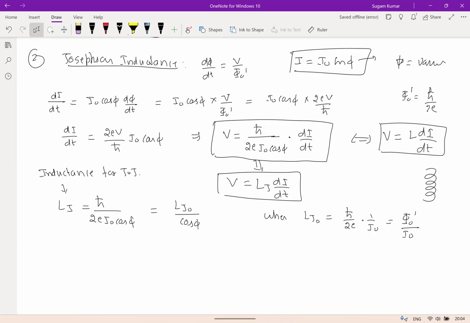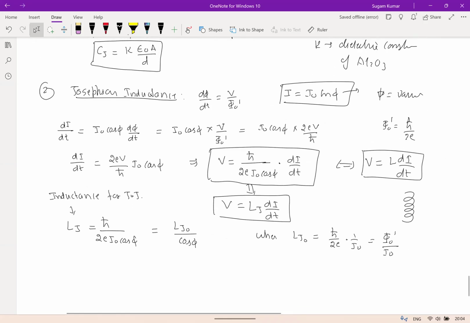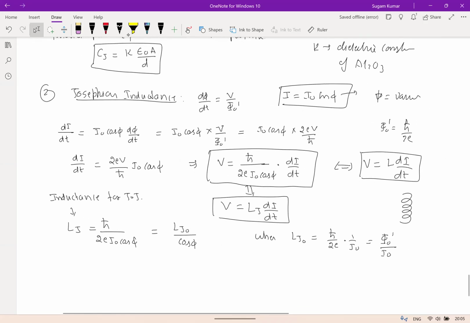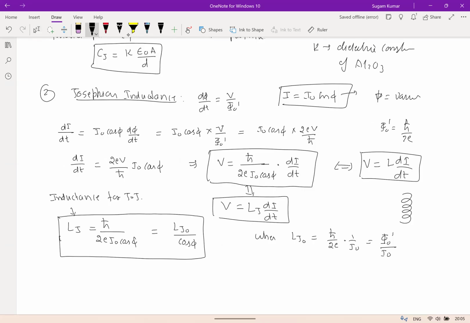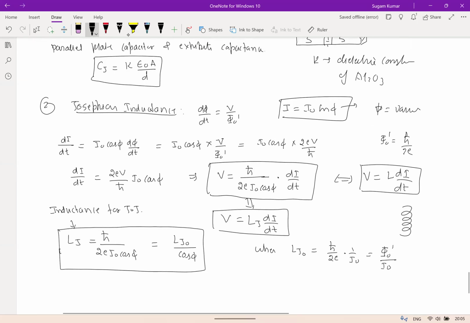So you can see now, if you compare, that the Josephson junction is going to also behave like an inductor. It is also going to behave like a capacitor.